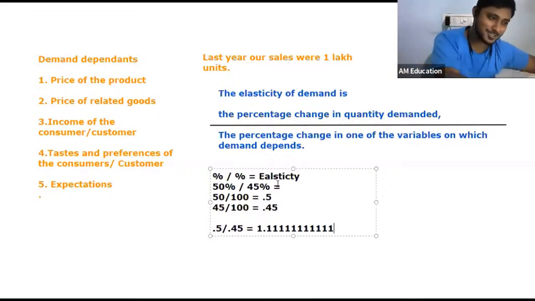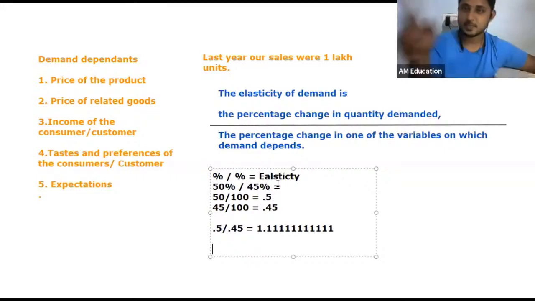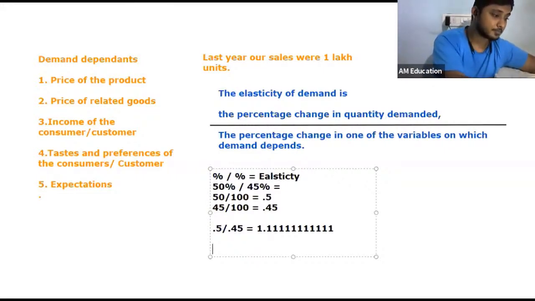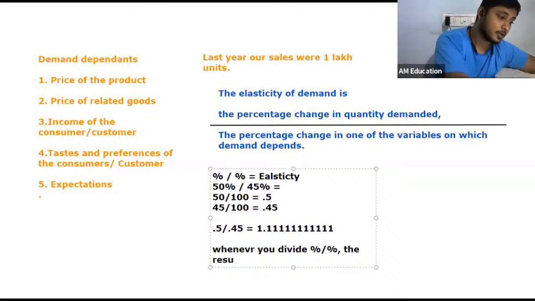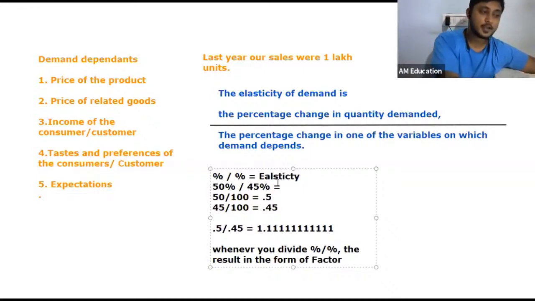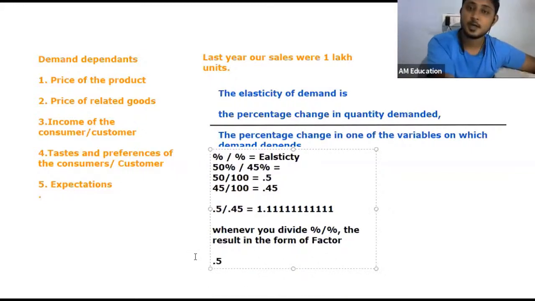Okay, now just learn this. Whenever you divide percentage by percentage, the result is in the form of a factor. That means, assume you know that the percentage change in the demand was 0.5, but you didn't know the percentage change in the price, but you know that the result is 2.